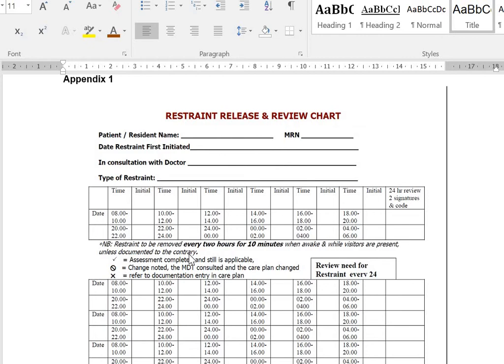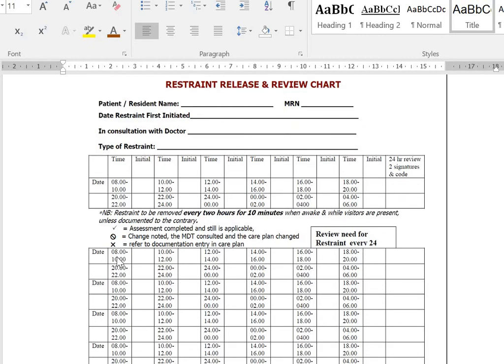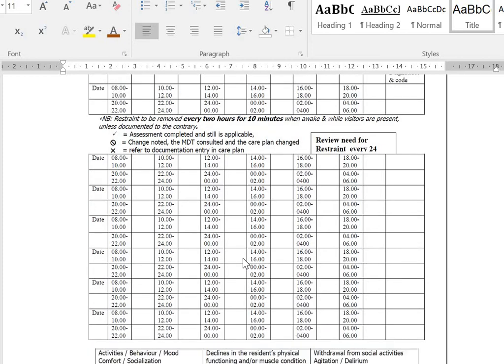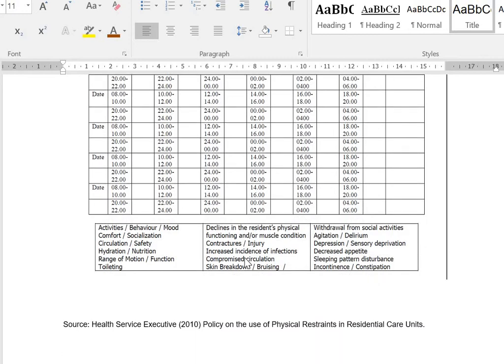It's sectioned off here from 8 to 10, 10 to 12, sectioned off every 2 hours. So you just initial to say that you have released the restraint every 2 hours for 10 minutes when the patient is awake and while visitors are present, unless documented to the contrary, okay?